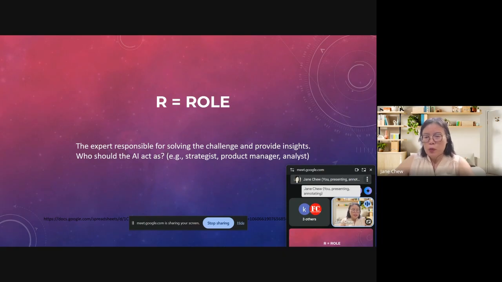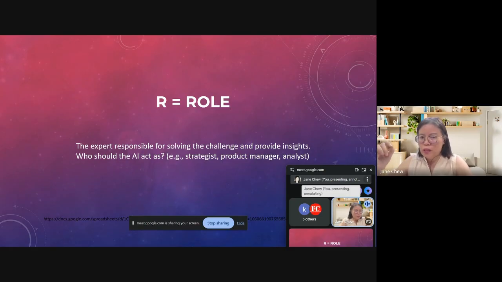The second one is role, R. The expert responsible for solving the challenge and providing insight. Sometimes you copy some of the prompts. I usually have "act as somebody," "act as a strategy consultant," "act as a marketing director."